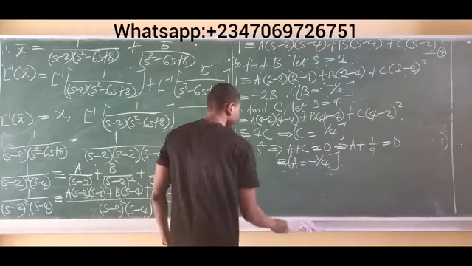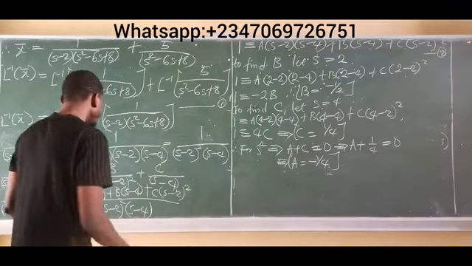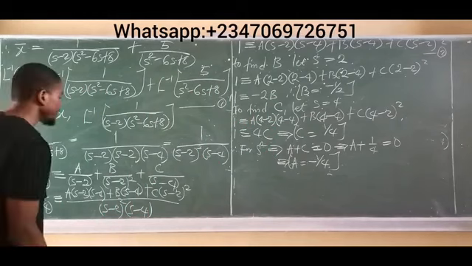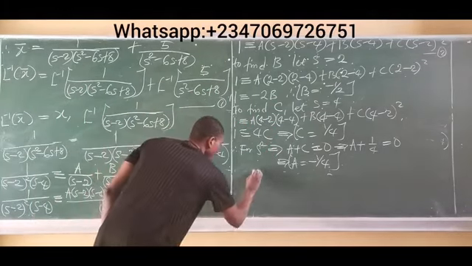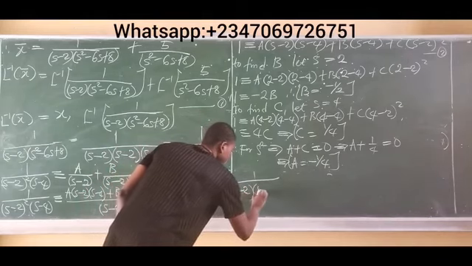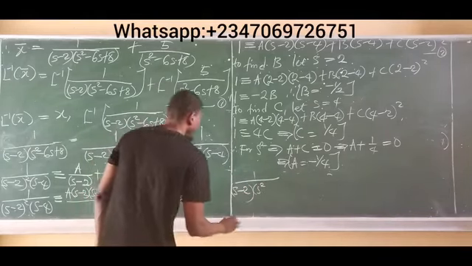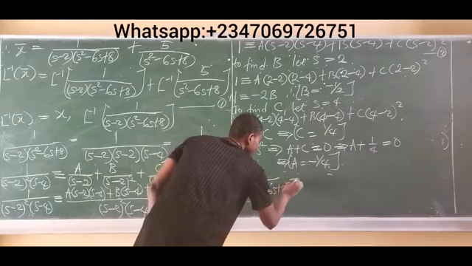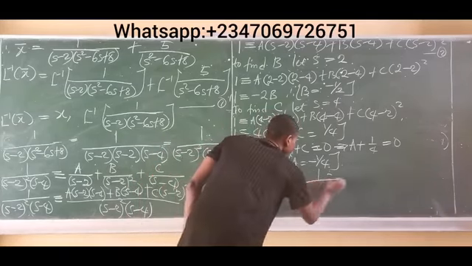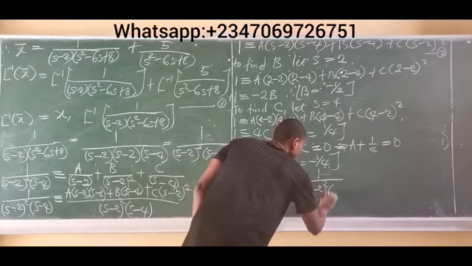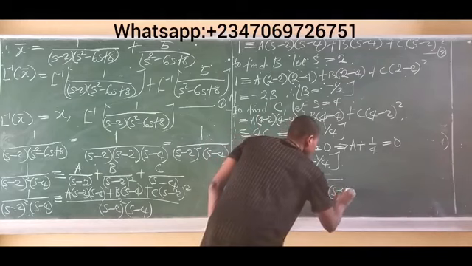Having obtained the values of the constants, we can now plug them into the equation. Remember, it was 1 all over (x minus 2) times (x squared minus 6x plus 8) that gave rise to 1 all over (x minus 2) all squared times (x minus 4).